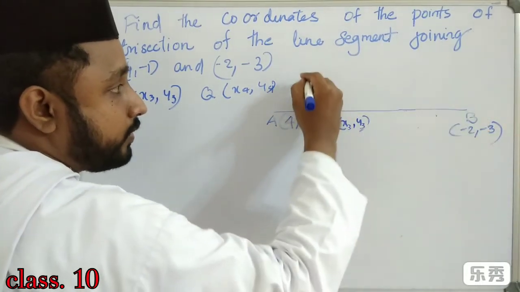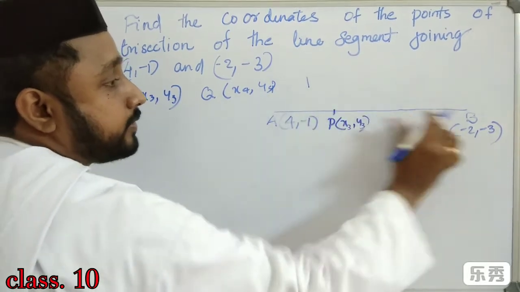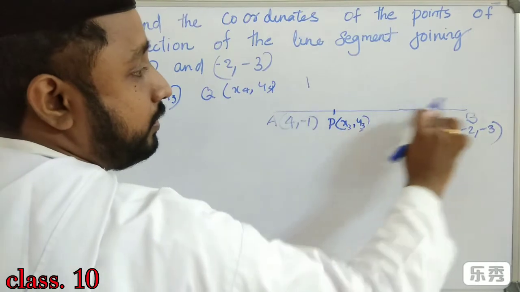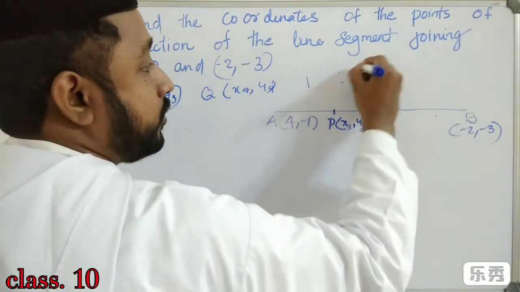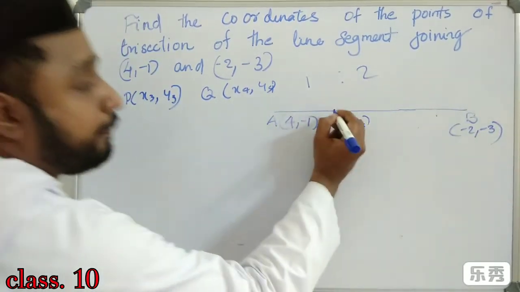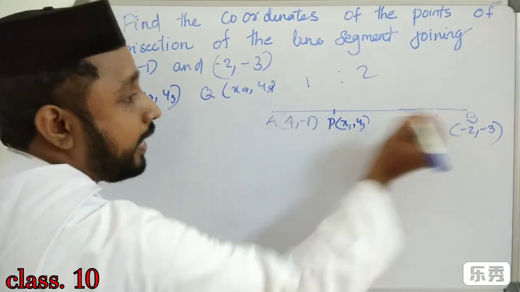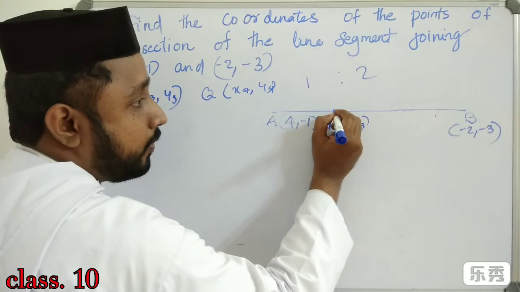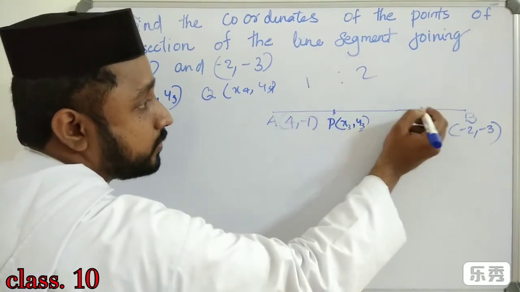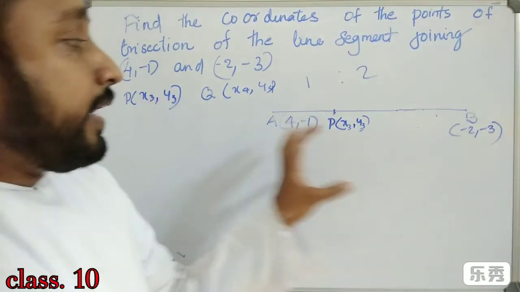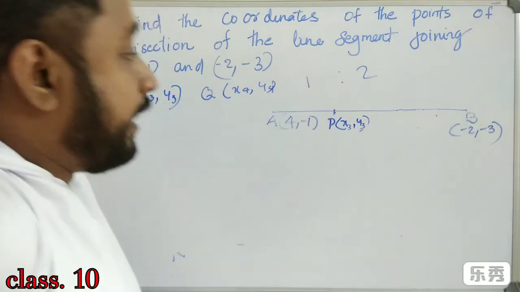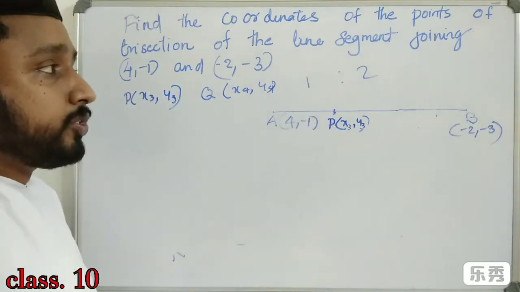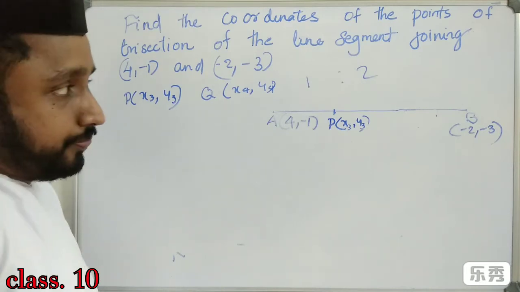This is one part and the rest, P to B, is 2 parts. So this is in the ratio 1:2. When we cut at P, this is one part, then this is 2 parts. So we consider P (x3, y3) and A (4, -1), B (-2, -3) in the ratio 1:2.